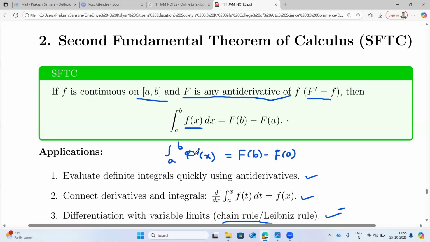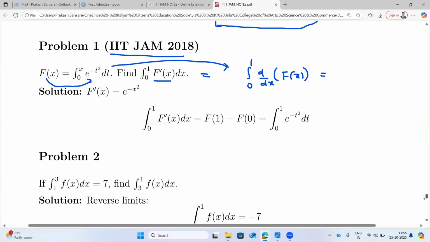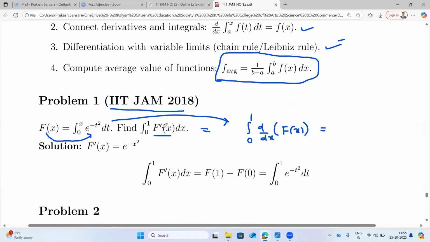Right. So basically, the antiderivative evaluated at b minus the antiderivative evaluated at a. Now on the same line, you have to find the integral of f dash x. So basically, this is f at 1 minus f at 0 by the second fundamental theorem of integral calculus.